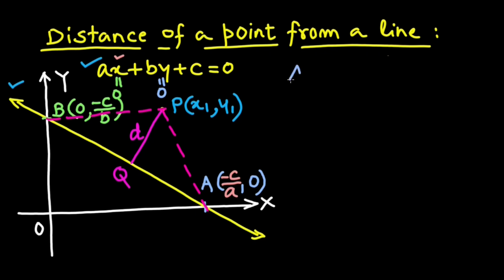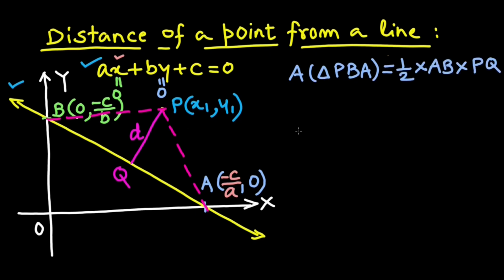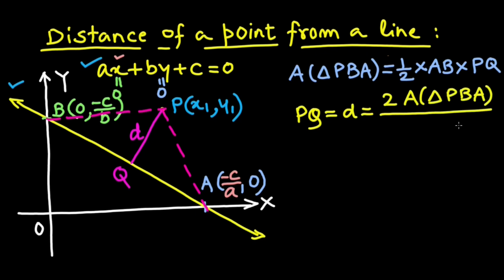So area of triangle PBA will be half into base AB into height PQ, which gives us PQ, which is the distance of point P from the line, which is d, equals 2 times area of triangle PBA by AB.